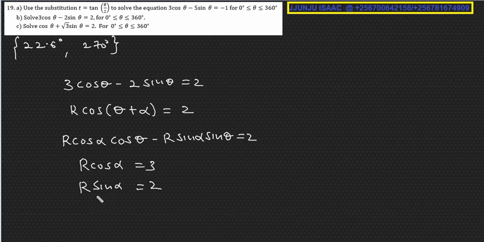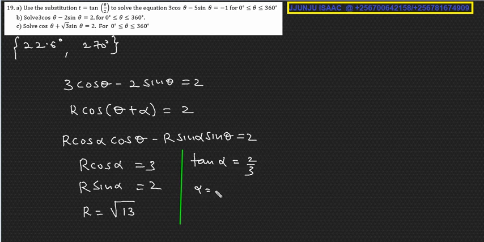So if I want to find R, it is going to be the square root of 9 plus 4. I square this and this, which is going to be 13. Then alpha, I will just have to get the tan inverse. When I divide this equation over this, I will get tan alpha equal to 2 over 3.